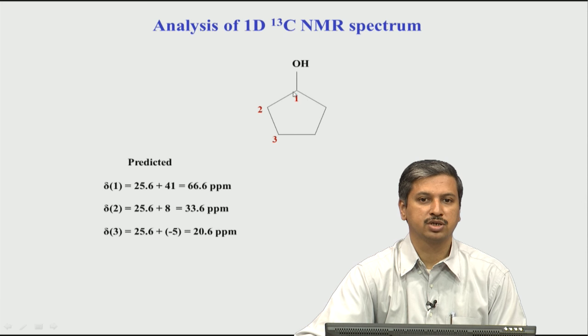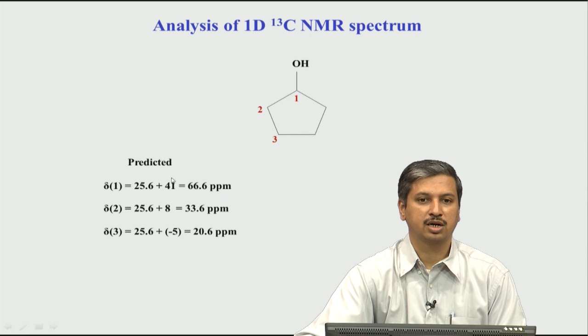When the OH is directly attached to a carbon, that carbon you expect to be the most deshielded because of the electronegative effect, and therefore this contribution is very high. So, the chemical shift of this carbon is expected to come around this ppm.